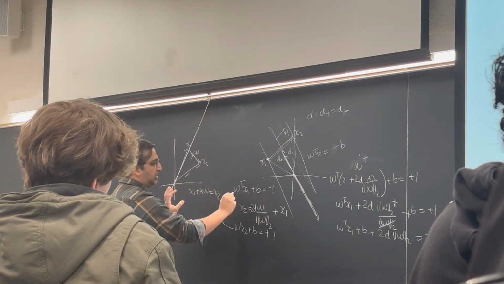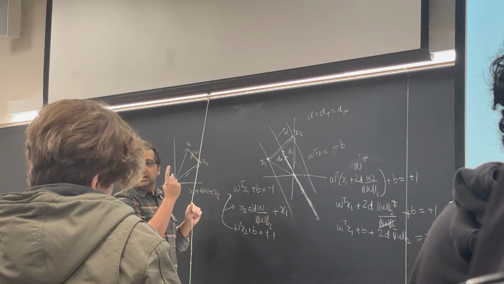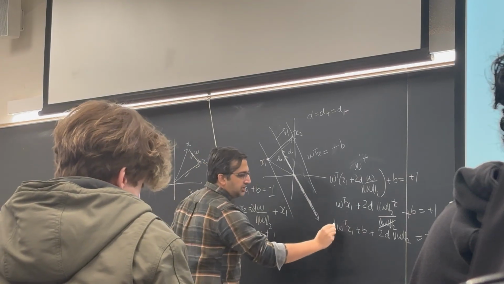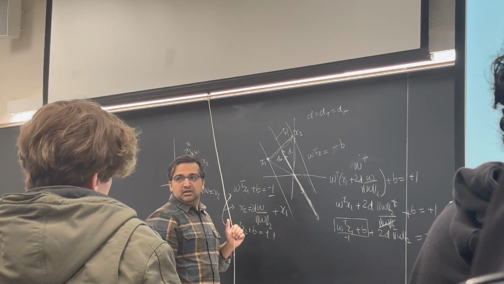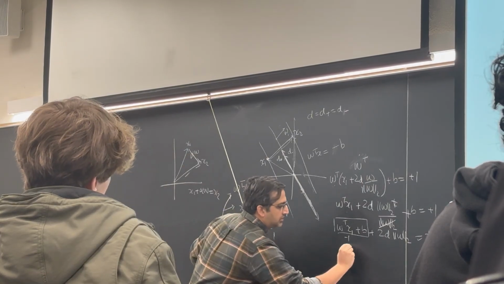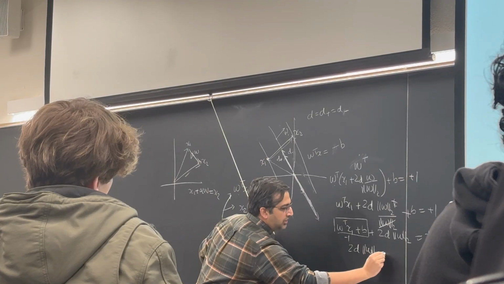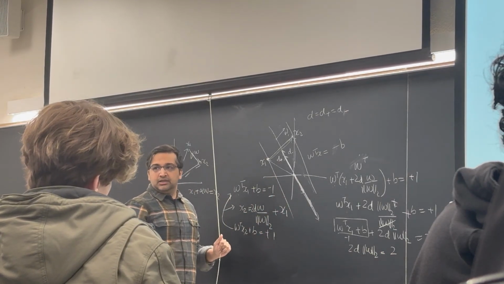But from the first equation, what is W transpose x1 plus B? Is just equal to minus 1, right? So this thing is just equal to minus 1, which means 2D times the norm of W is equal to 2, right?